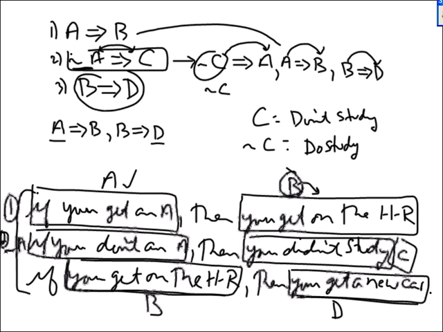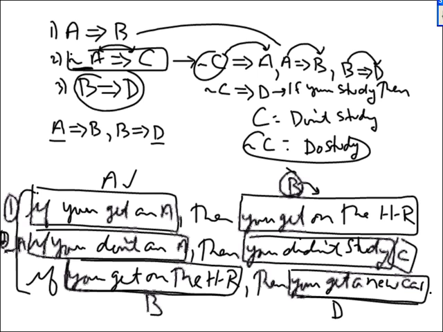So not C guarantees D. But not C is you do study. This means if you study, because that's not C, then D will happen. And D is you get the new car. Then you get a brand new car.